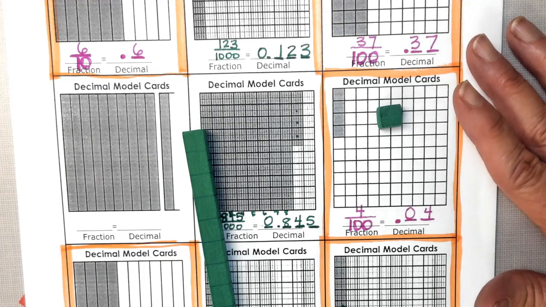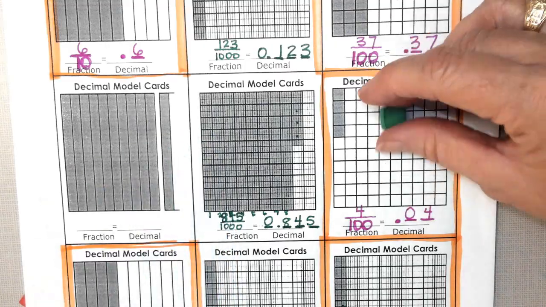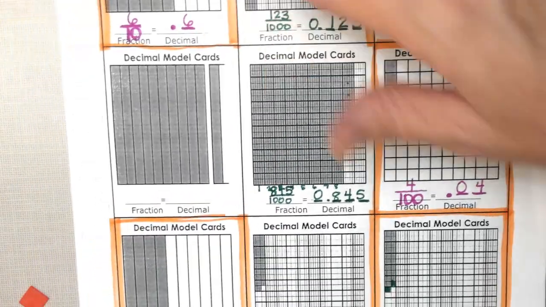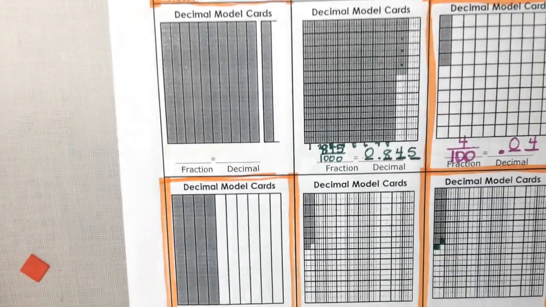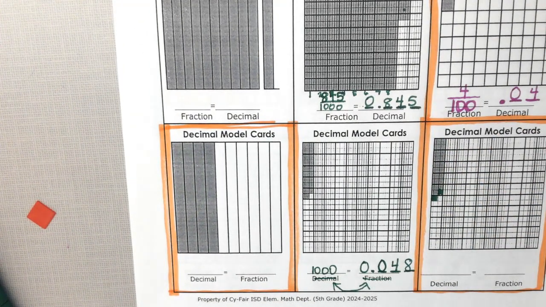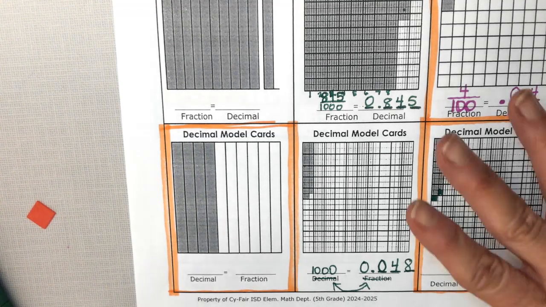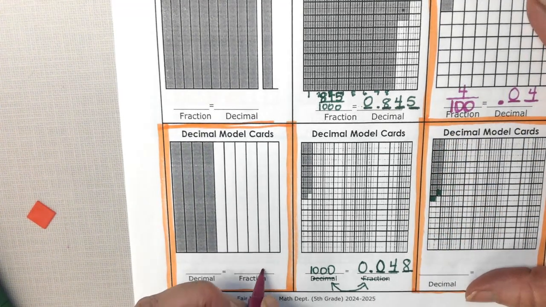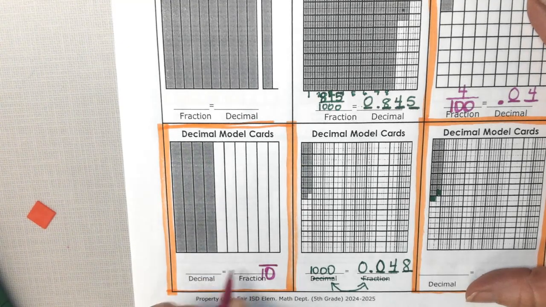Okay? And then finally, the last one that I had you do was this one. Again, how many equal pieces are in this model? Chelsea? 10. So my denominator is 10. And I need to think about my numerator.